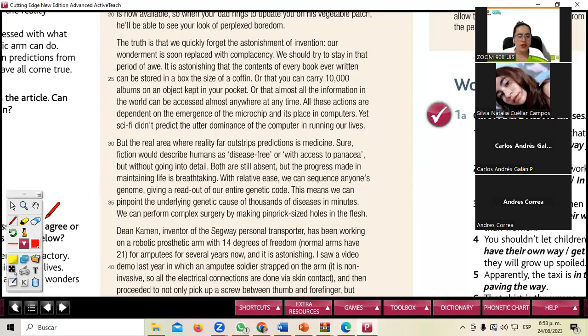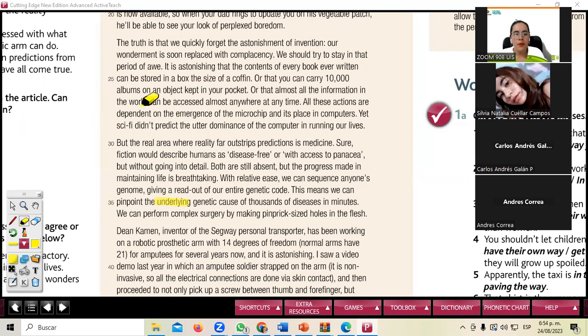Okay, there is one word here that we didn't study. Underlying genetic cause. Do you know the meaning of this word? We can pinpoint the underlying genetic cause of thousands of diseases in minutes. Okay, so underlying means in Spanish subyacente. So it's not on the surface, it's underlying, no? It's like in the next layer, subyacente.